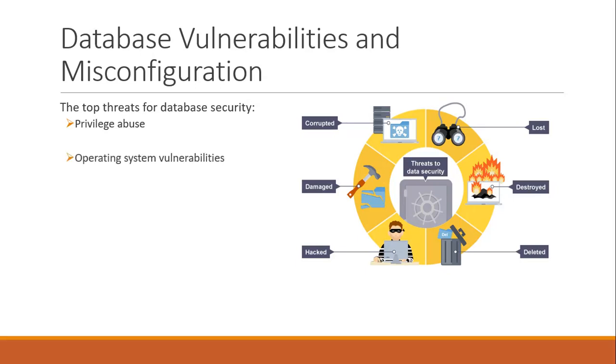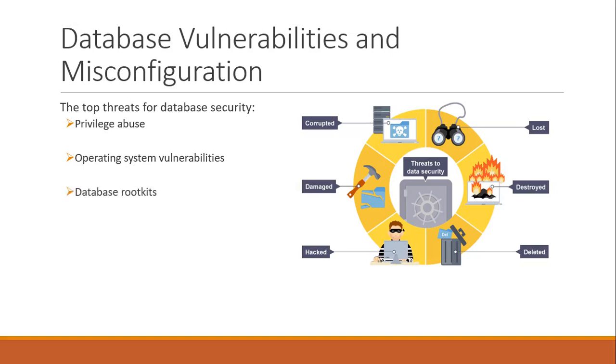Next one is operating system vulnerabilities. This one is very similar to privilege abuse, but the difference is that it can be hacked through some authority access. The best example is hackers. Hackers can easily get this authority access to get into the database.